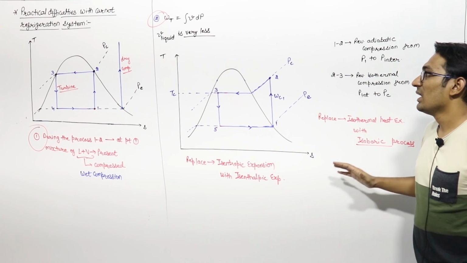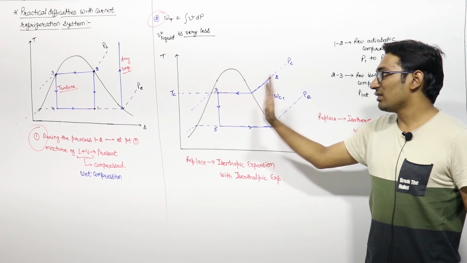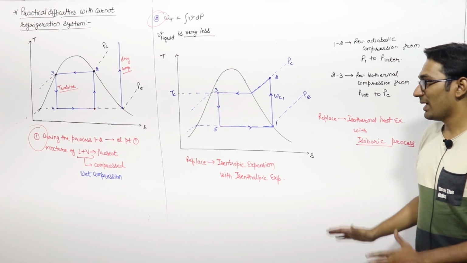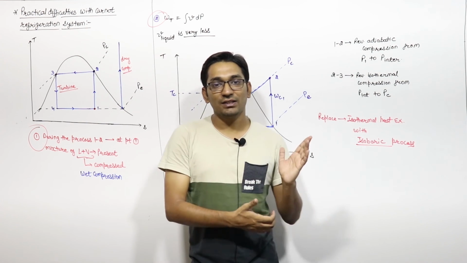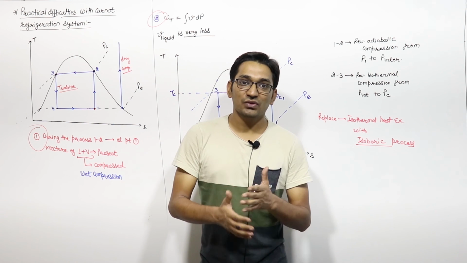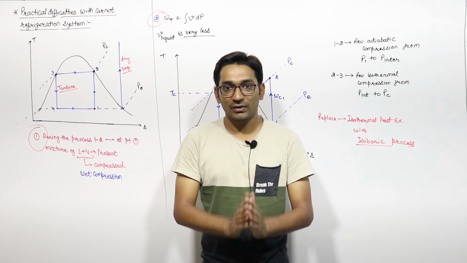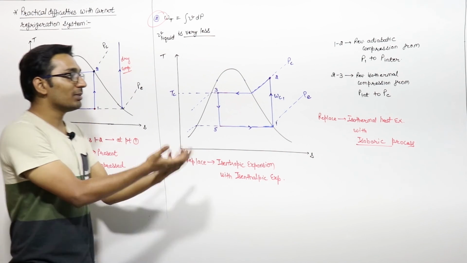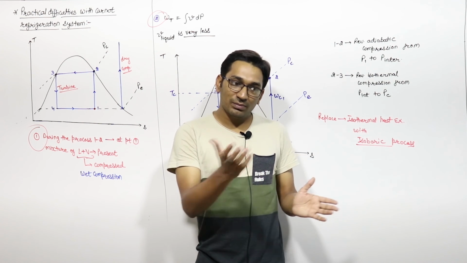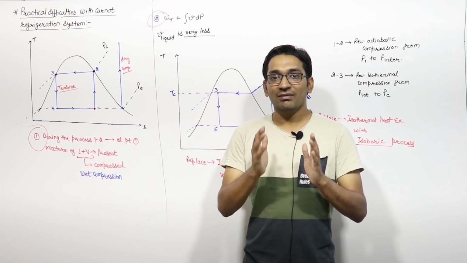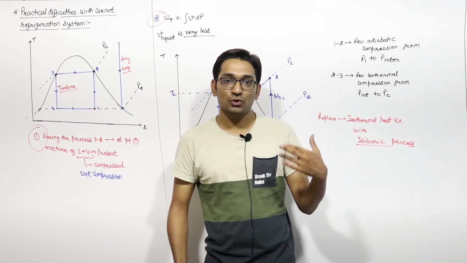Because of this limitation, we replace the isothermal with isobaric and isentropic expansion with isenthalpic expansion, and the new cycle which comes is known as the reversed Rankine cycle, right? So this leads to the birth of the reversed Rankine cycle. Now in the next discussion, we will discuss the vapor compression system based on the reversed Rankine cycle by implementing these two modifications.